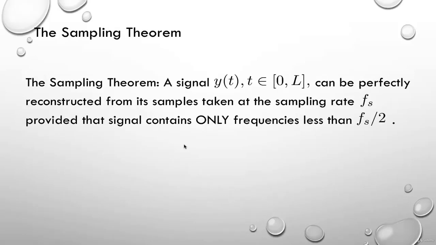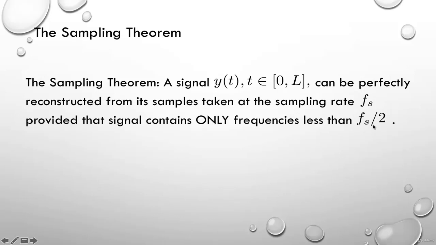So here's the sampling theorem. How do I solve this problem? Again, in the animation we kind of saw this: if I'm sampling at a rate of fs, then I need all the frequencies in my signal to be less than half of the sampling rate.